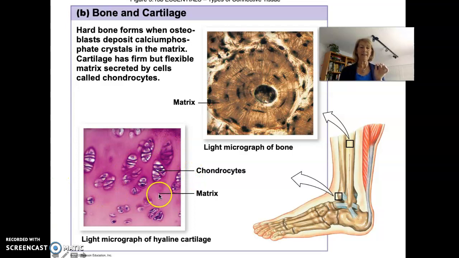Now in this area are the chondrocytes, so this is cartilage. It looks really different. These cells can't be floating around because they're in a rigid substance, correct? So they have to have a little cave to live in. That cave's called a lacuna. So there's a cave with its cell, and lots of matrix in between.